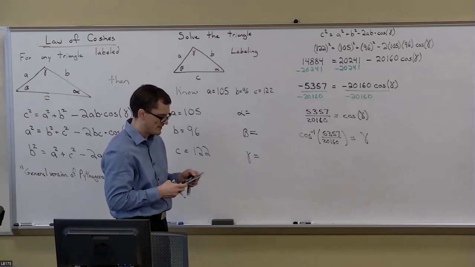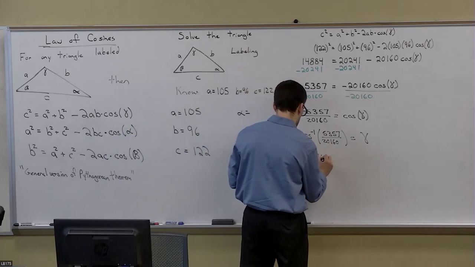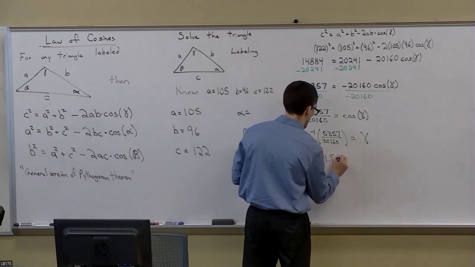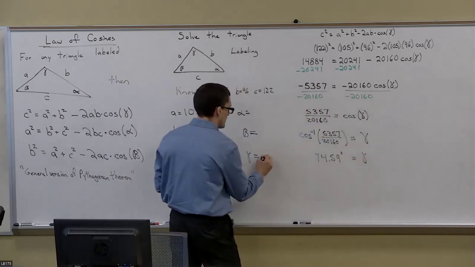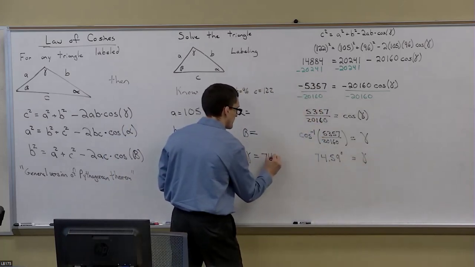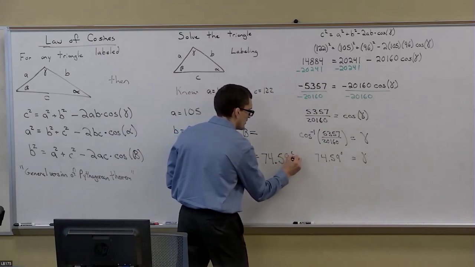I got 74.59. So that's what gamma is, 74.59 degrees.